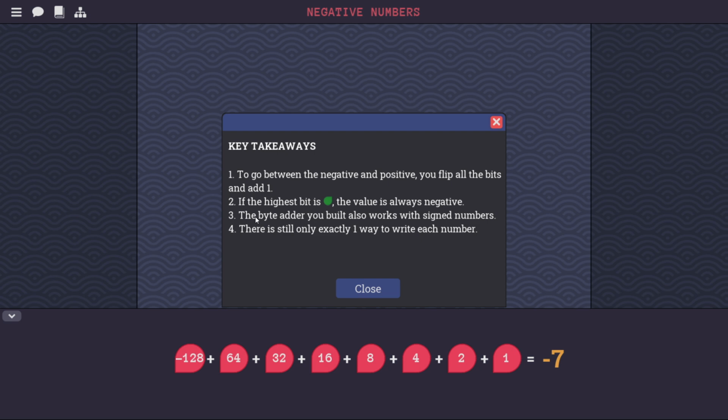Okay, the byte adder we built also works with signed numbers. As we were saying, the adder that we build can now work with negative numbers. There is still only exactly one way to write each number.